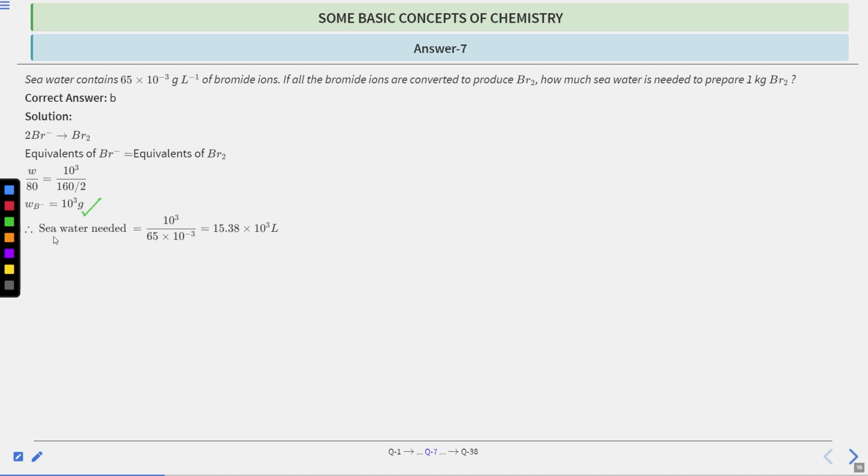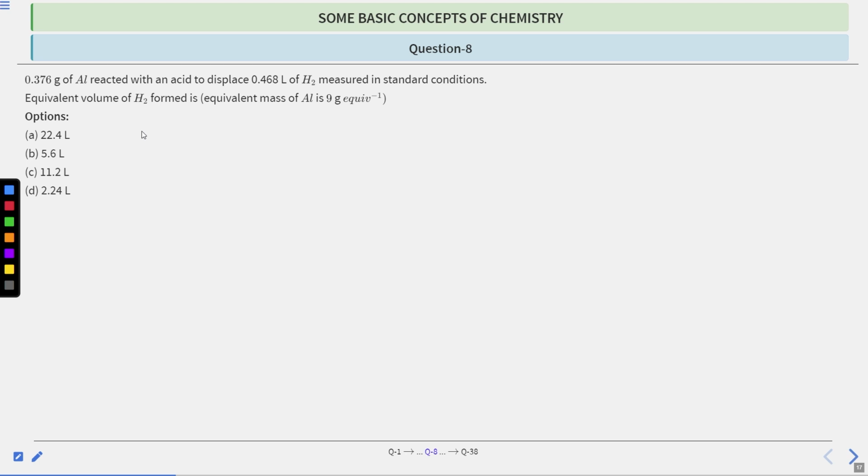So therefore seawater needed is 10 to the power 3 divided by 65 into 10 to the power minus 3 liter, which equals 15.38 multiplied by 10 to the power 3 liter. So that's why option B will be correct.